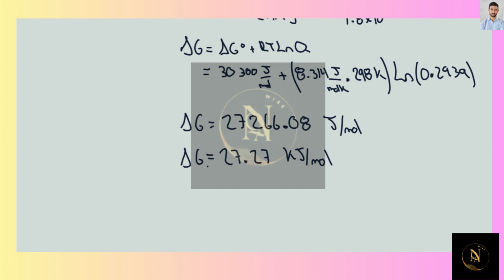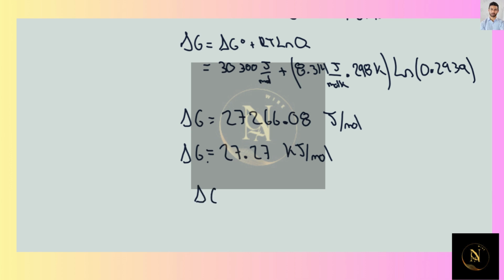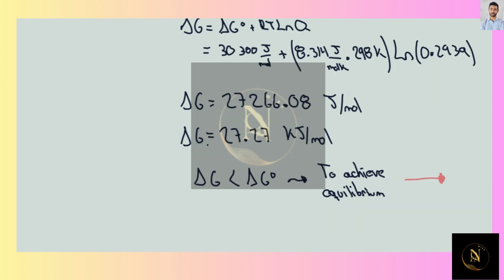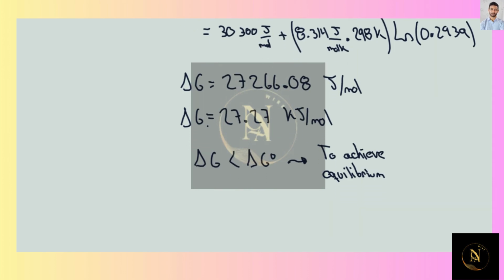Again, what this indicates is that since delta G is lower than the value for delta G naught, that means that to achieve equilibrium, the reaction is going to be shifted towards the right. Oh, sorry about that. In this case, it is not related to delta G, sorry.